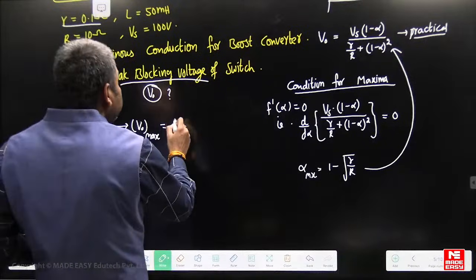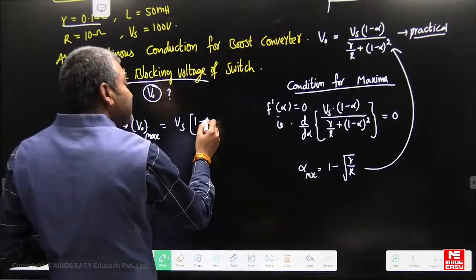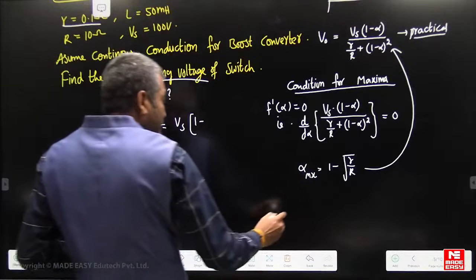So Vs into (1 minus maximum alpha). What is the maximum alpha? See, I will do one thing here.